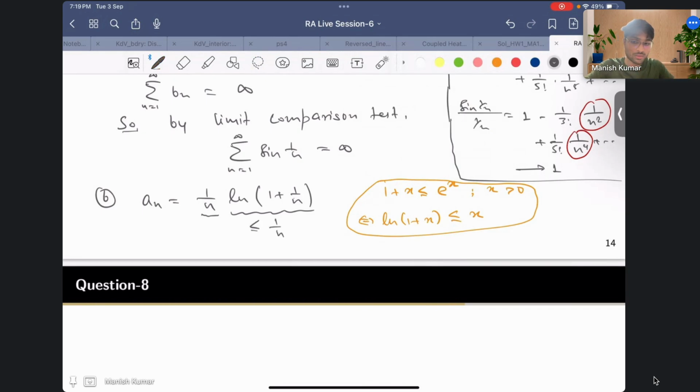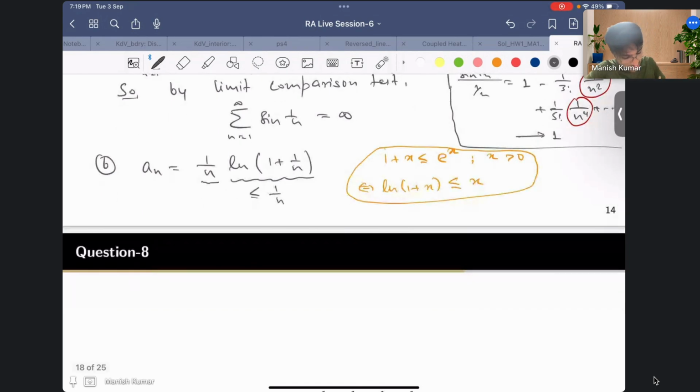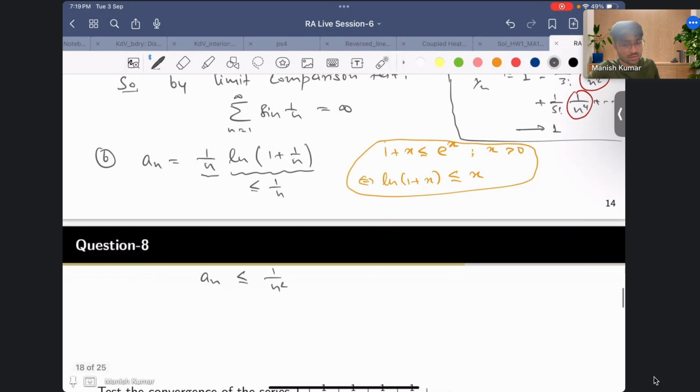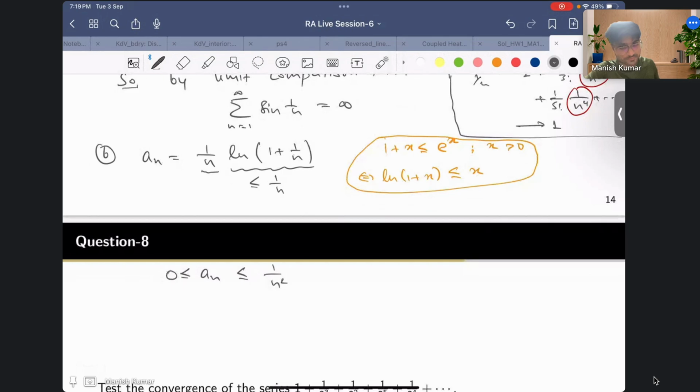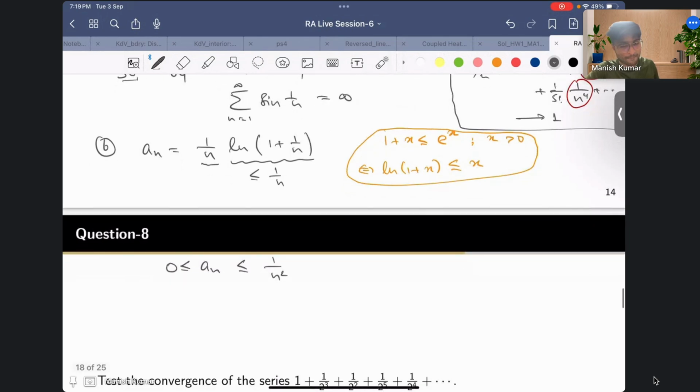So I think you don't even need limit comparison here, but still, you can write a_n is less than or equal to 1/n squared, right? And you know these a_n are positive, so by comparison test you can say that the summation of a_n is finite. Did you get the answer? It's easy, no?